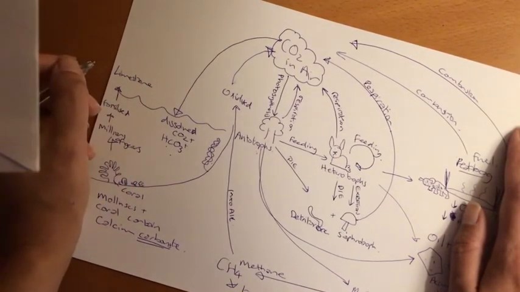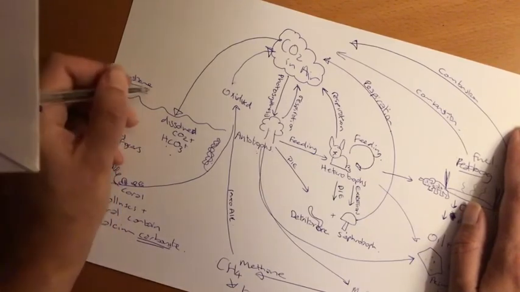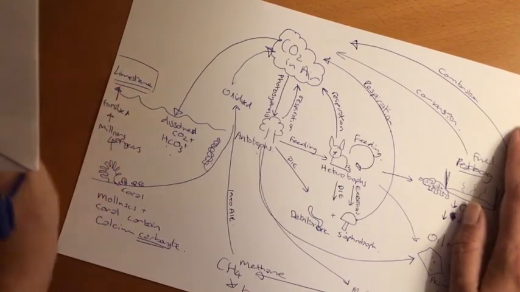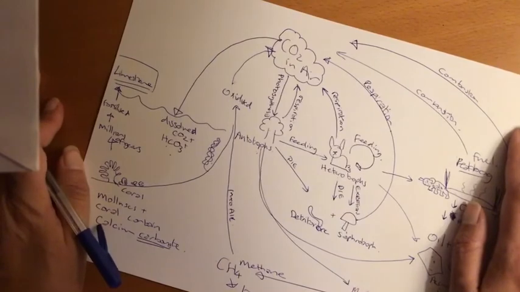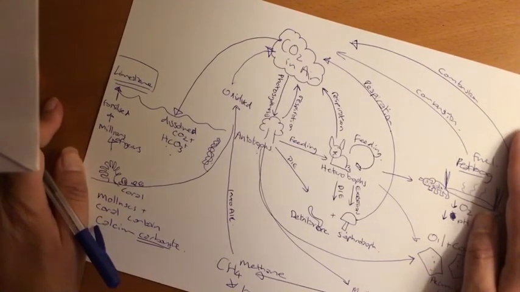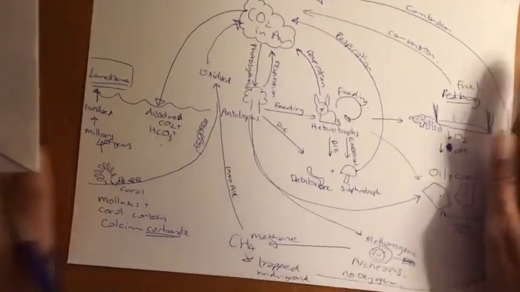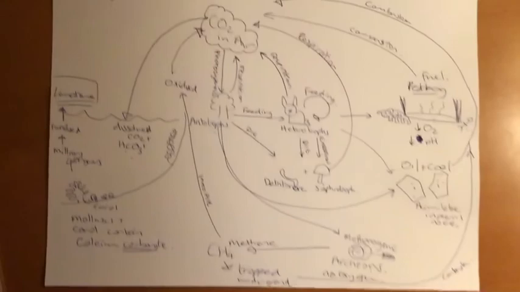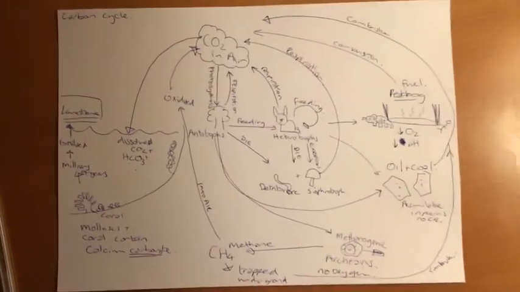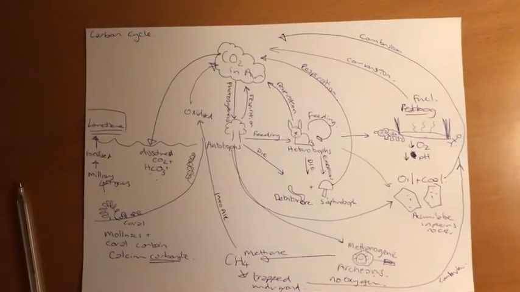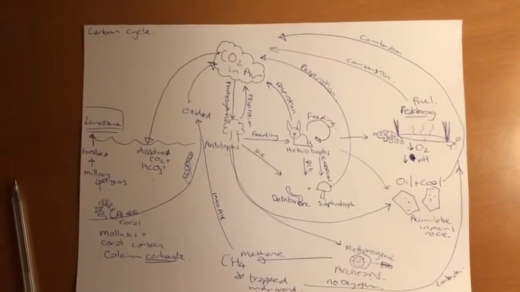Okay, so limestone is another sink for the carbon dioxide. It's a type of rock, and it contains carbon dioxide. Okay, there you go. That is my carbon cycle. And they're the key sinks that you need to know, and processes.